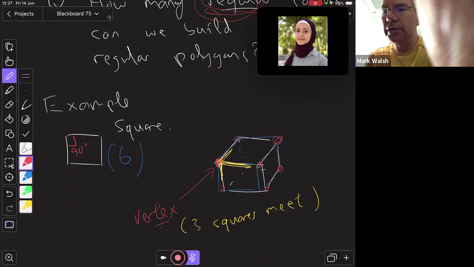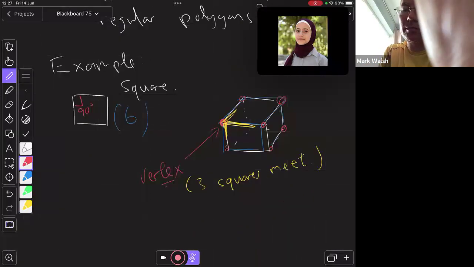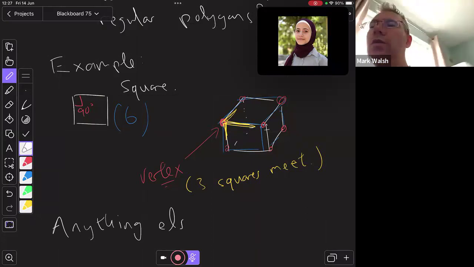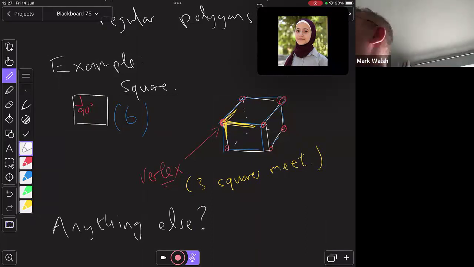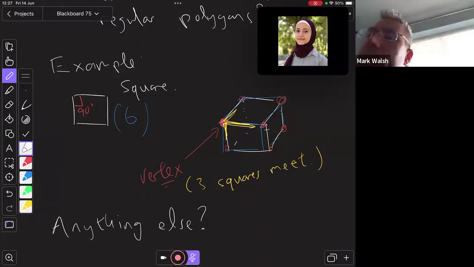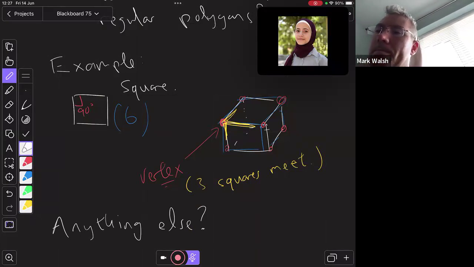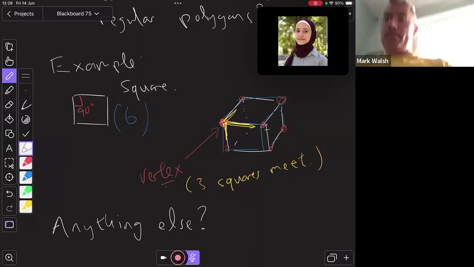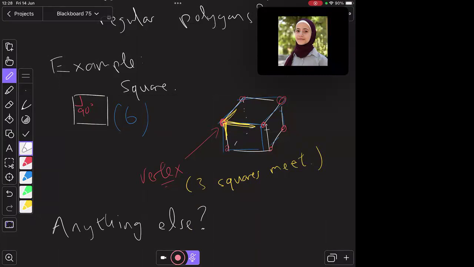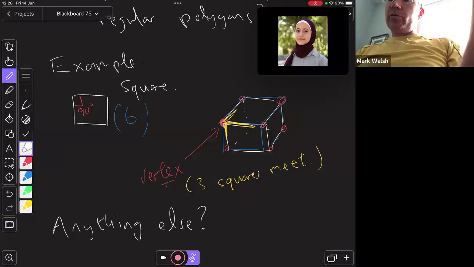Okay. So what else could we build with a square? Can we build any other regular solid or regular polyhedron from a square? What do you think? Maybe like a square pyramid. Well, what do you mean by square pyramid?